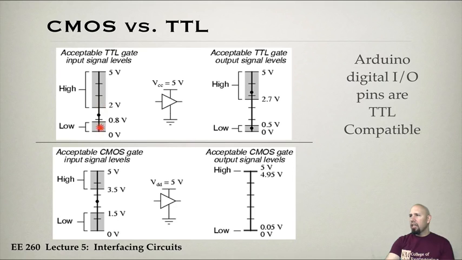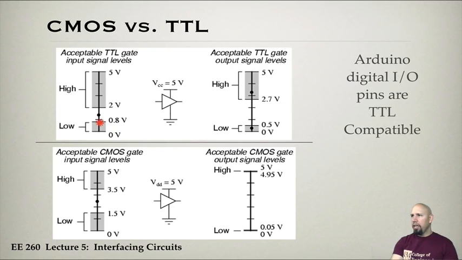In TTL, anything between 0 and 0.8 volts is taken as a logic 0. Anything between 2 volts and 5 volts is taken as a logic 1. For a TTL signal, those are the defining properties.